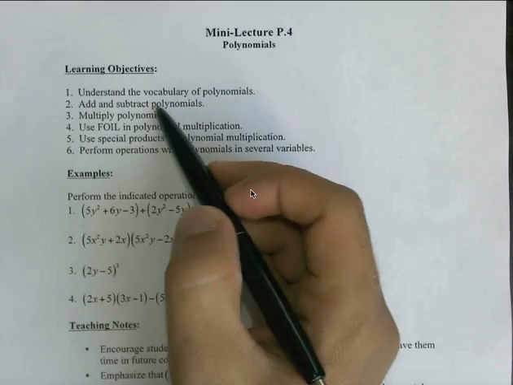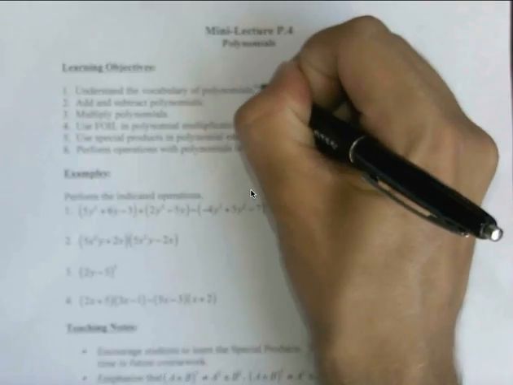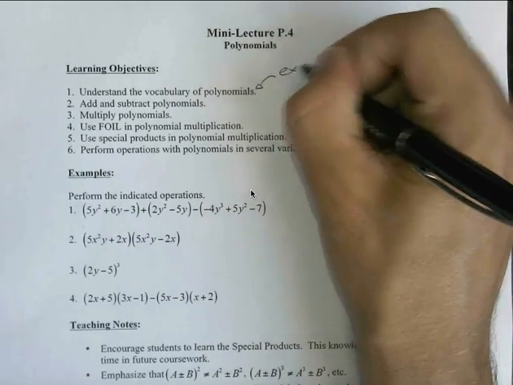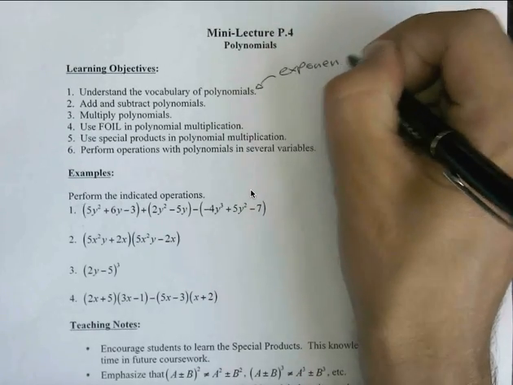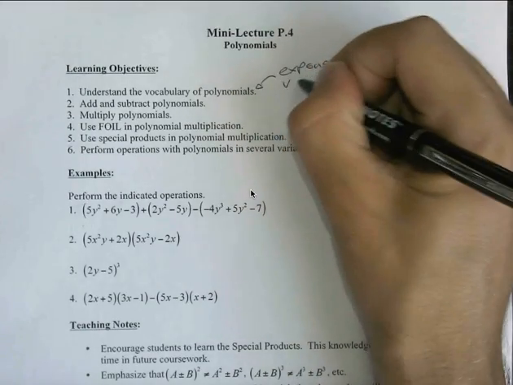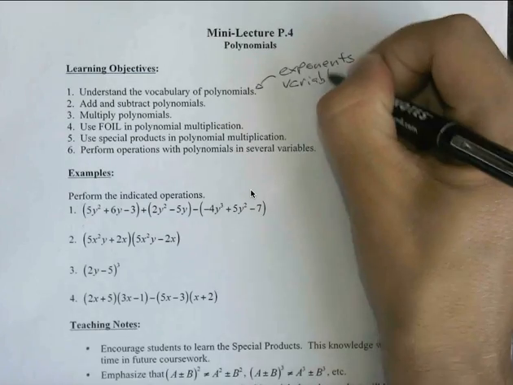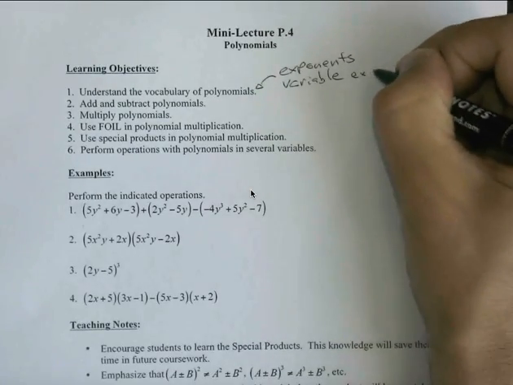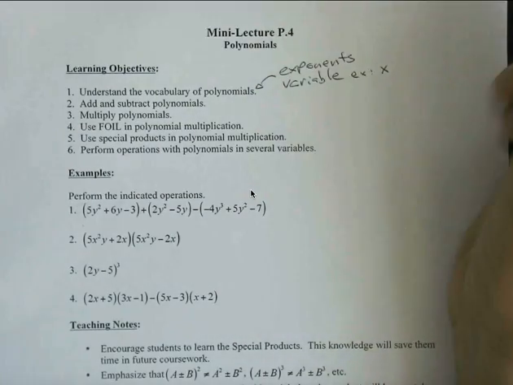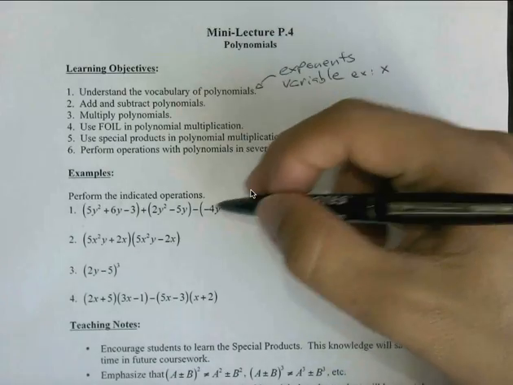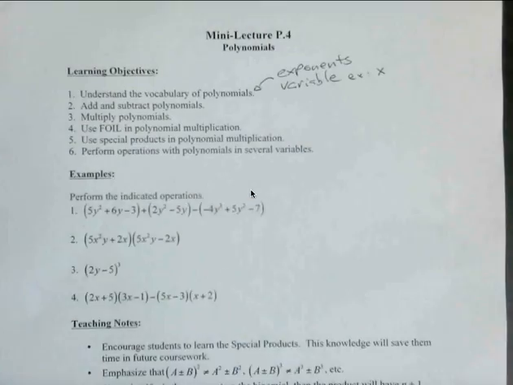We'll understand the vocabulary of polynomials, dealing with just exponents and variables, which are usually x. So as an example, probably see x or y. I think it's mostly y and x in here, but sometimes that letter switches up.